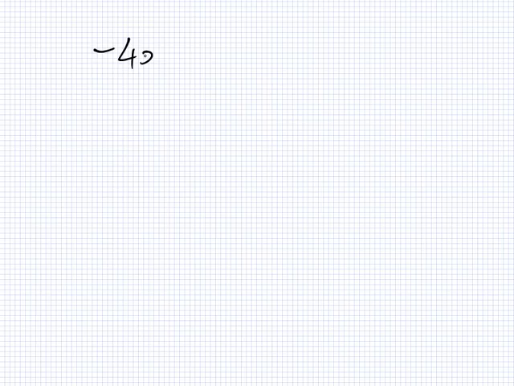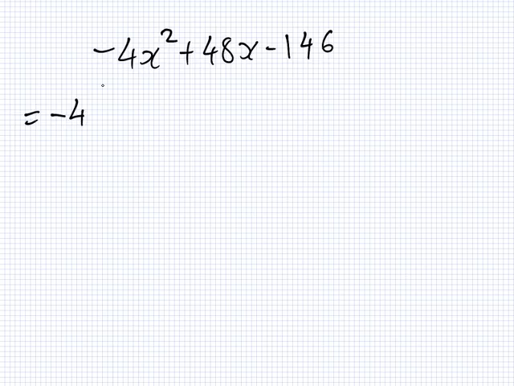Minus 4x squared plus 48x minus 146. Okay, so this is minus 4 times x squared minus 12x plus 146 over 4.